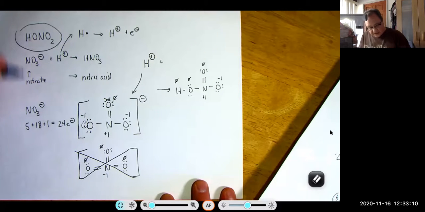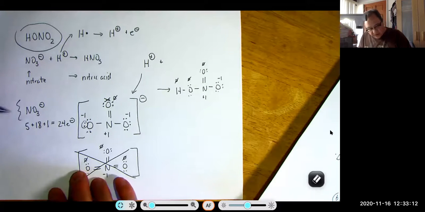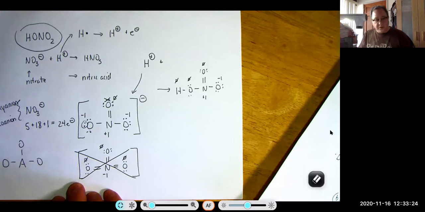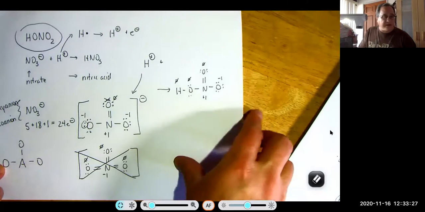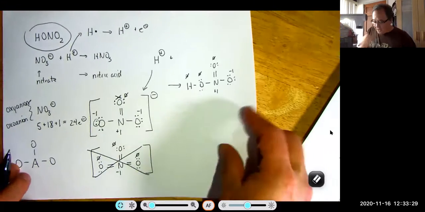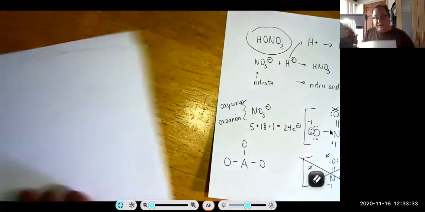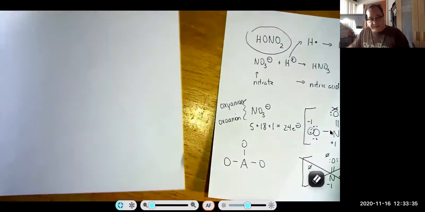So this guy here is one of these things that's called an oxyanion, or sometimes an oxoanion. And with these oxoanions, you have some atom in the middle and you have oxygen surrounding them. So what are other examples of these oxoanions? Well, let me show you some more oxoanions where you have some atoms surrounded by oxygens.